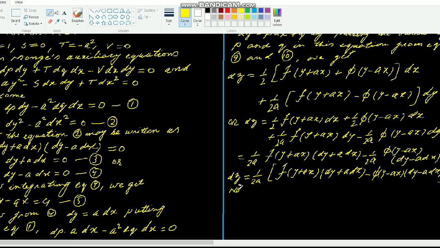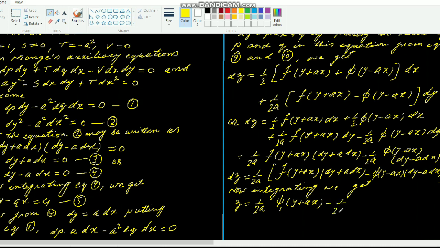Now integrating both sides, we get z is equal to 1 upon 2a psi 1 of y plus ax, because assuming y plus ax as t, if we differentiate we get dy plus a dx.